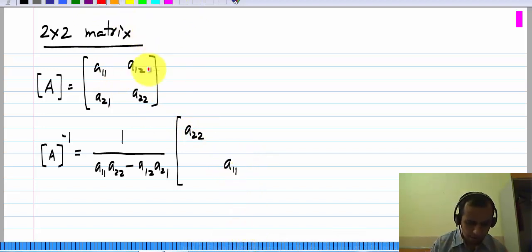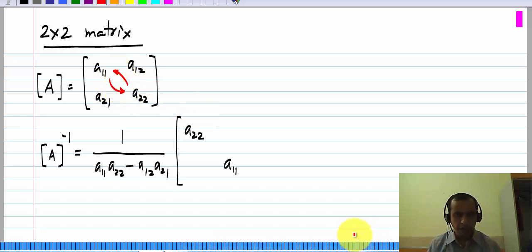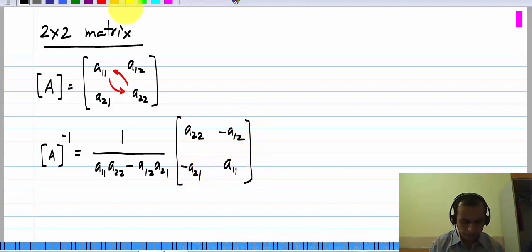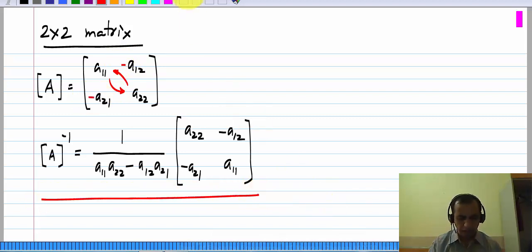So you simply interchange the positions of these two, and for the other two you retain the positions but negate the values. So here and here you have minus and minus. That's all.